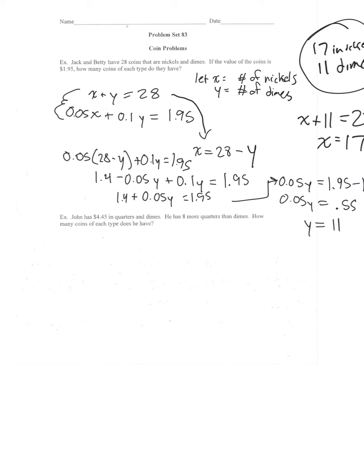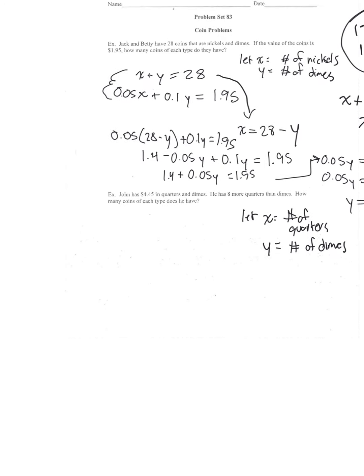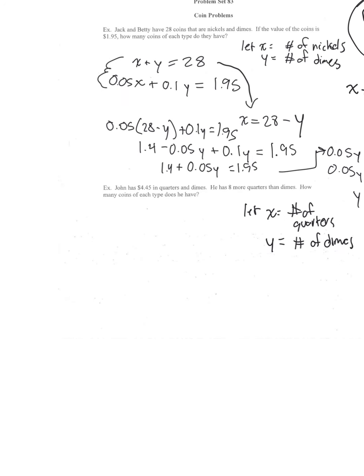Well, we are going to let x equal the number of quarters, and we're going to designate a variable for each type of coin again. Let y equal the number of dimes. And let's write some equations that are expressing what's going on in this description.